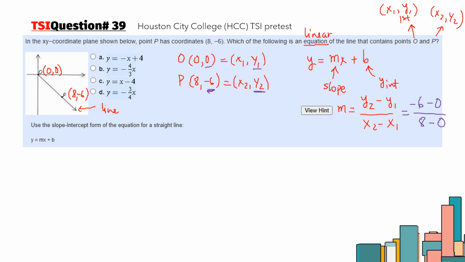Simplifying, I have -6 over 8, since -6 minus 0 is -6 and 8 minus 0 is 8. Then I can divide the top and bottom by 2: -6 divided by 2 on the top, 8 divided by 2 at the bottom. I get -3 over 4. So this is my m.